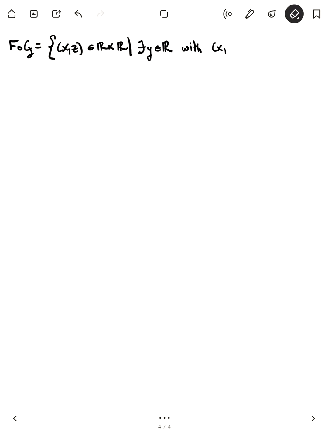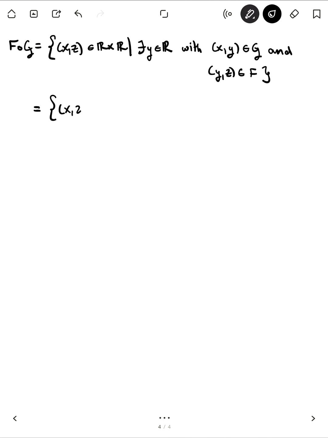Well, that's going to be the set of (x, z) in R cross R such that there exists a y in R with (x, y) in g and (y, z) in f, which is going to be equal to the set of ordered points (x, z) such that, what is g again?